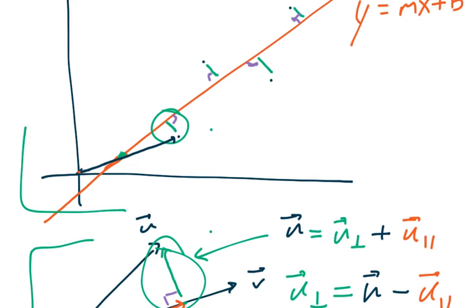Right, so there's the data vector that's coming out of the origin, and there is the line vector that extends to this nearest point, which is that green dot on the line to that data point.